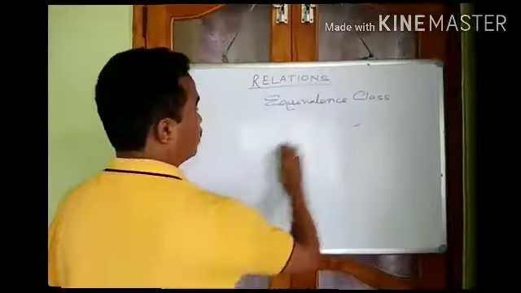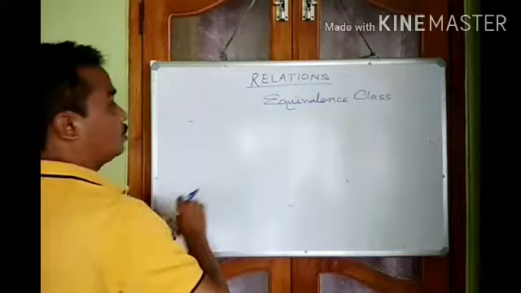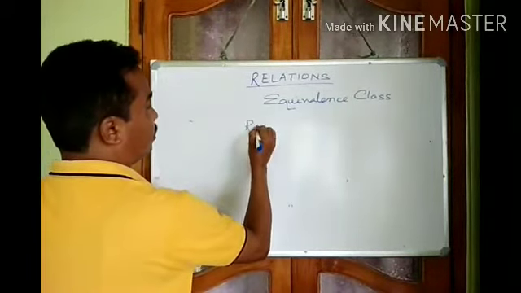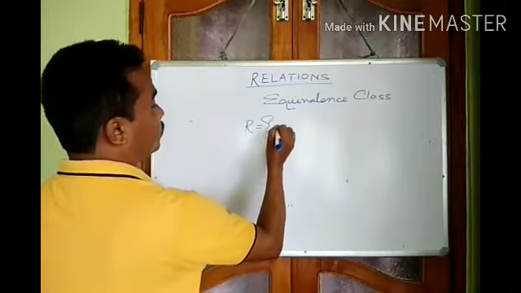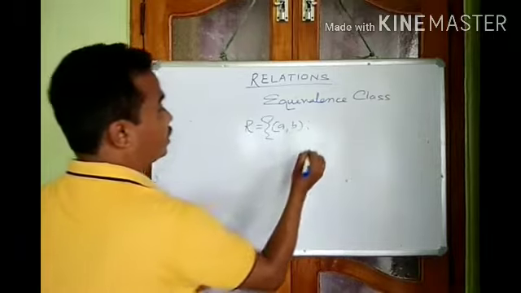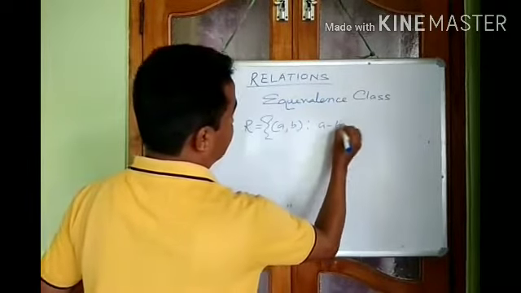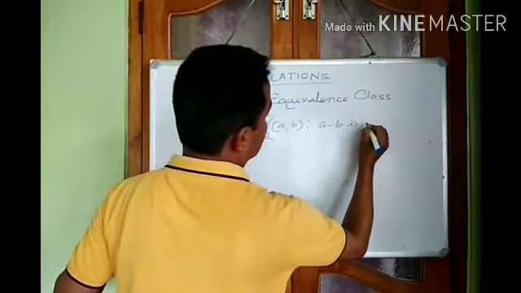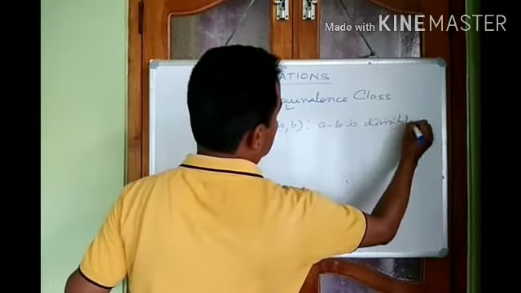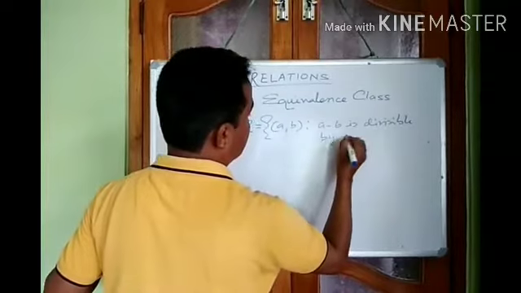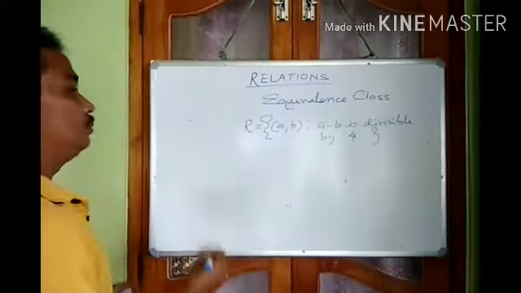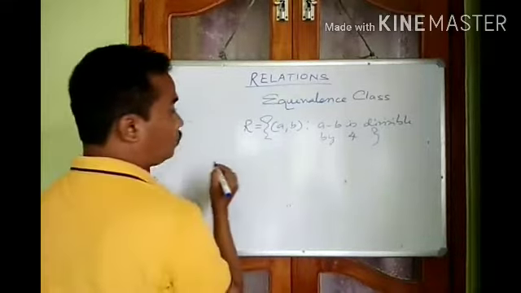One more example, say R be a relation in Z such that R equals the collection of ordered pairs (a, b) such that a minus b is divisible by, say, 4. We can take any number, so let us take 4.